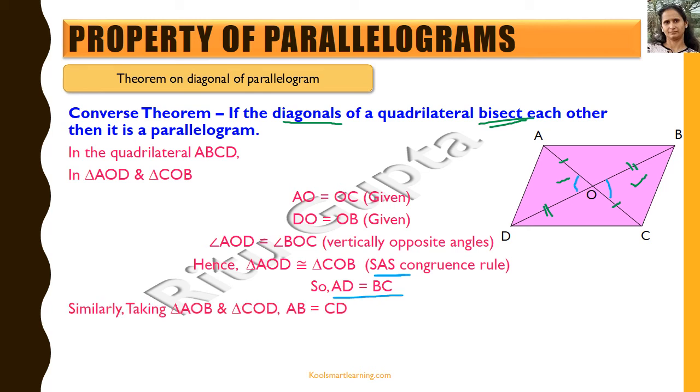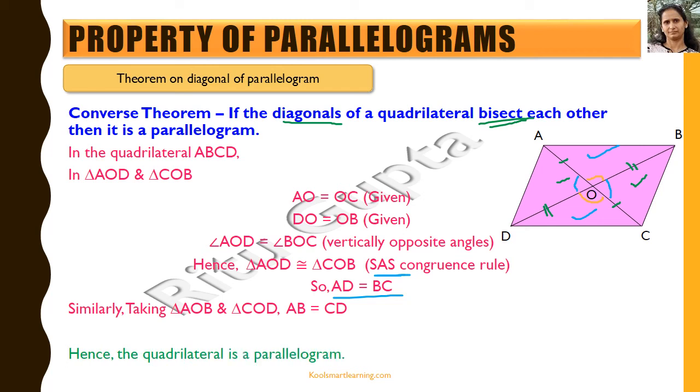Similarly, if we take triangles AOB and COD, again we have DO equal to OB, AO equal to OC, and angle AOB equal to angle DOC, and these two triangles are congruent by the SAS congruence rule, and we can say that AB is also equal to CD.